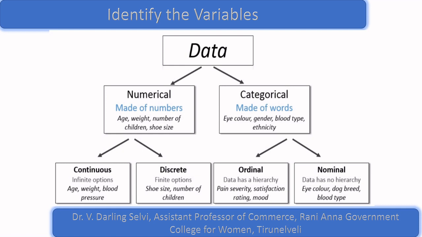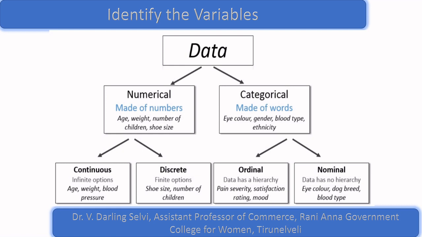Under categorical variables, again we have the division of ordinal and nominal. Ordinal, the data has a hierarchy. The severity of the pain, suppose excruciating, mild, so like that it may vary. And the satisfaction rating, the example that I have cited earlier, mood, that is depressed mood, stressed mood, relaxed mood, like that.